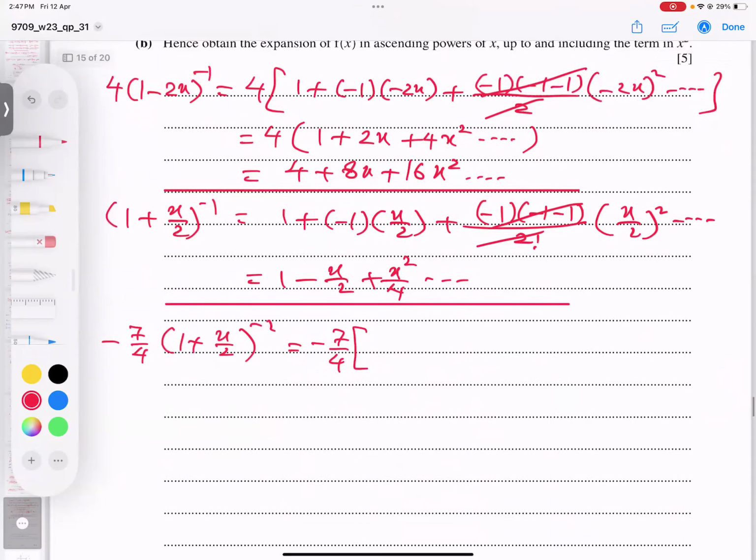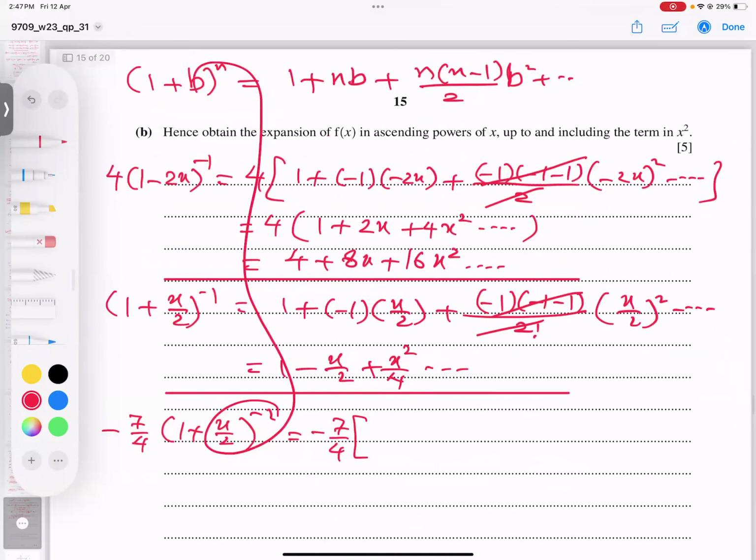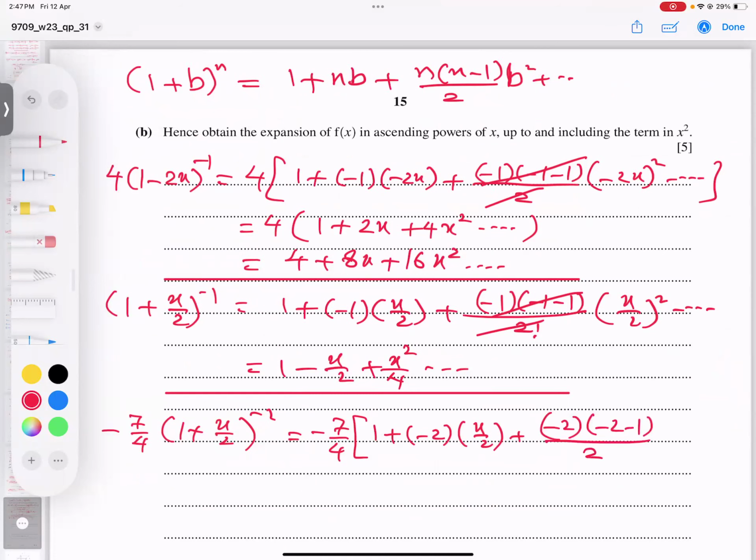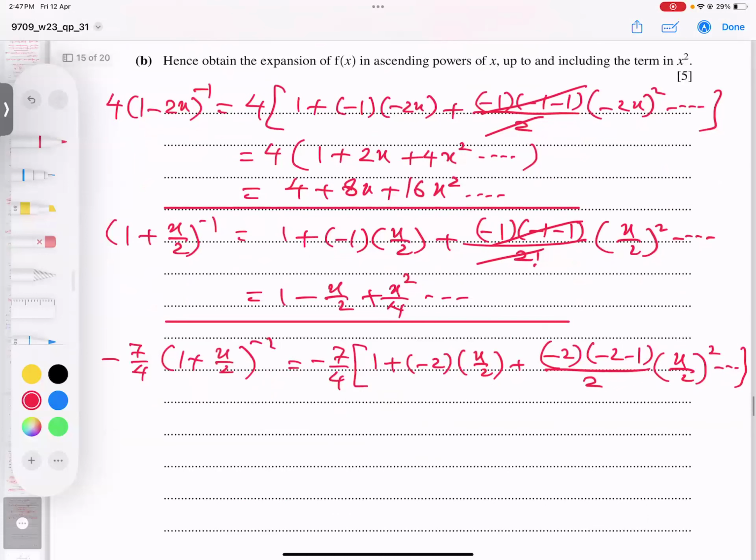And now 1 again, same formula, 1 plus nb. nb means multiply. n is what? -2. b is what? x by 2. And -2 into -3 over 2 into the square of this function. So be careful while now doing 7 by 4 here, 1 minus x. Okay, 1 minus x.